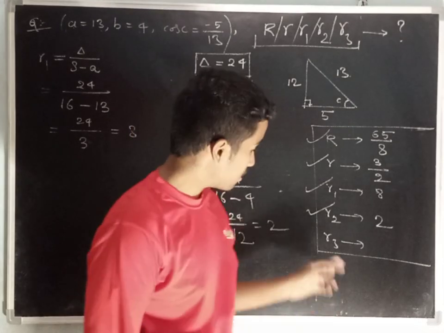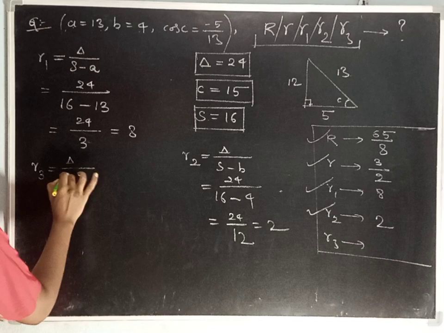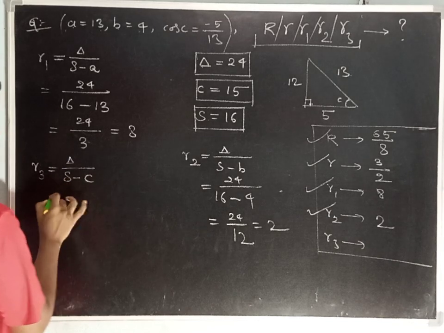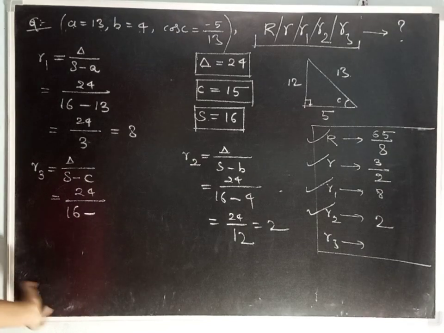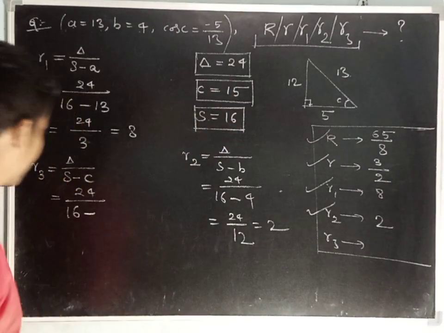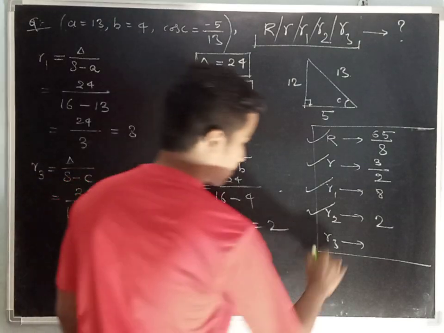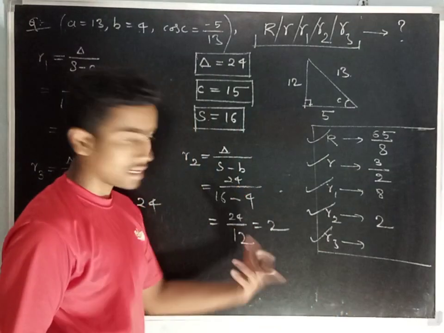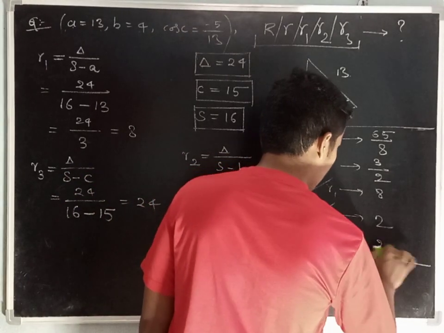Similarly, let me find the value for R3. R3 is equal to delta by s minus c, which is 24 by 21 minus c, where c is nothing but 15, so 24 by 6. So the value of R3, the radius of the excircle, is going to be 4.